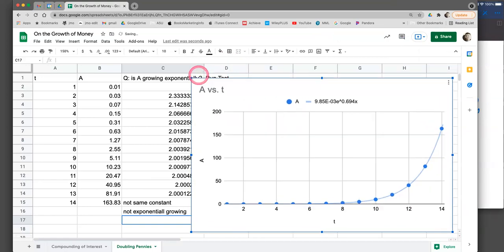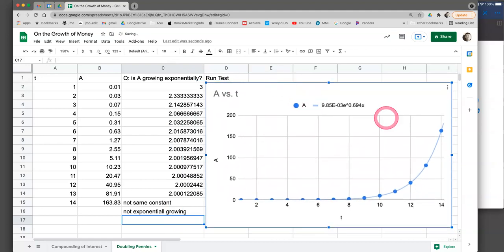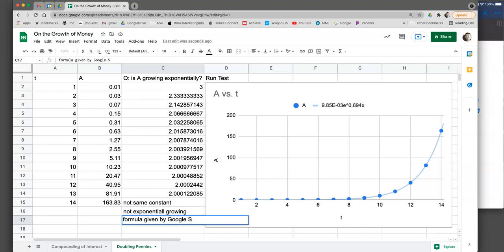And while it's subtle and hard to see, this function right here does not go exactly through all the data points. What I'm saying is that the formula given by Google Sheets does not go exactly through all the data, and that means that this process is not actually exponential. It looks like it's going up exponentially, but it's not quite.